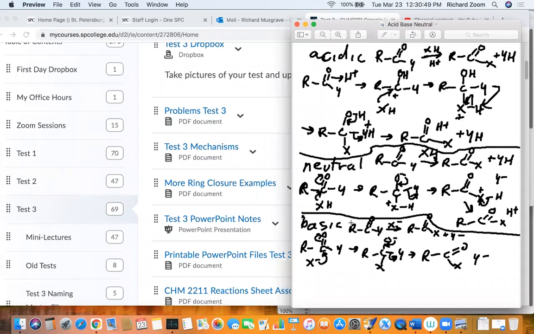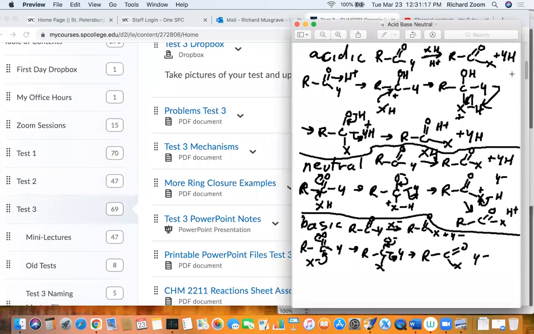It's pretty easy to distinguish between the three because one has H plus on the arrow, that'll be the acidic. The neutral has something neutral on the arrow, something that's not charged. And the basic one is generally going to have something negative on the arrow, so X minus, some sort of negatively charged species.